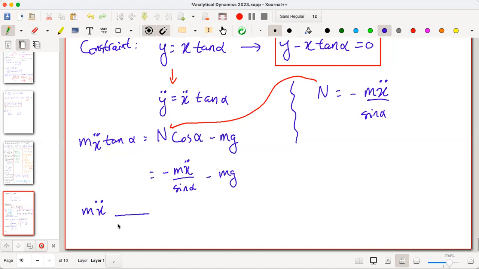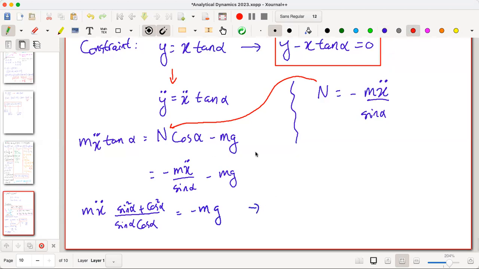So this one is sine alpha cos alpha, we have here sine square plus cosine square, and this is just minus mg.